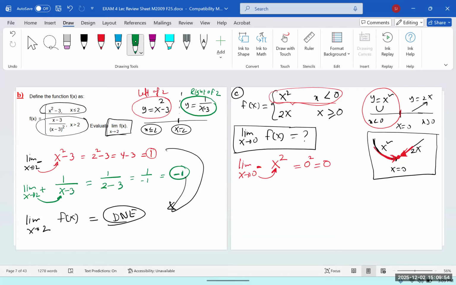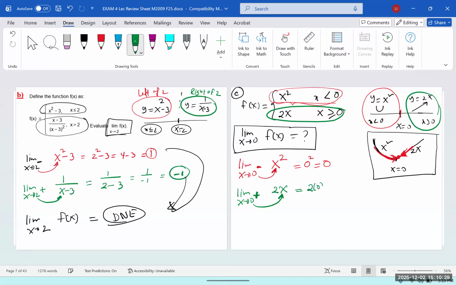Then you walk from your right side. Means you look at your right function, right of 0. This is your right of 0. So limit as x goes to 0 from the right side of the 0. Now, the right side of the 0 has a function y equals 2x. So you need to use the right side function and substitute your limiting value into the right function.